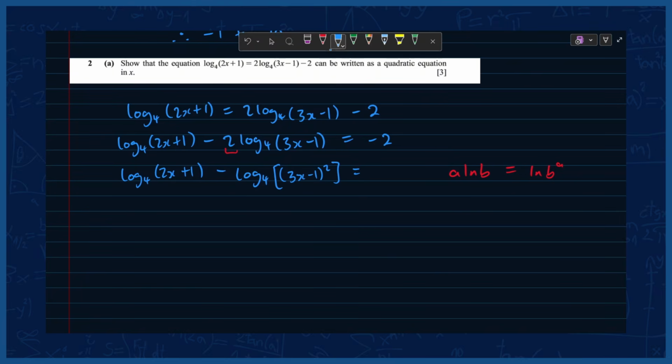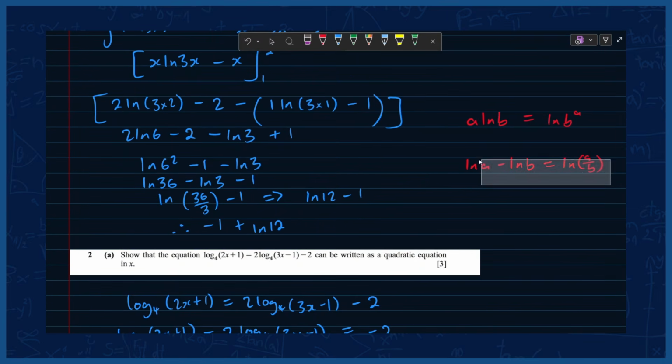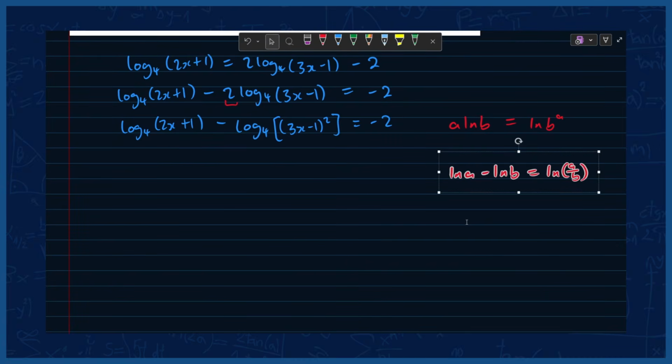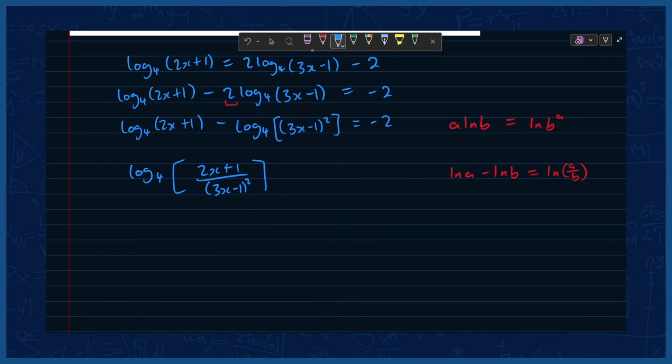This is equal to negative 2. Then we're going to again use the same law of logarithms to combine the two logarithms into one. So that becomes log to the base 4 of 2x plus 1 divided by 3x minus 1 squared, and this is equal to negative 2.